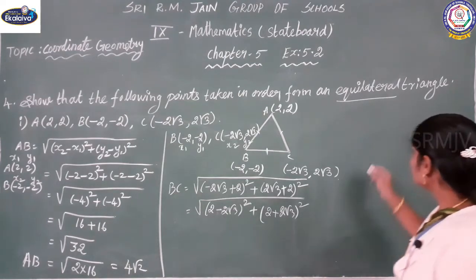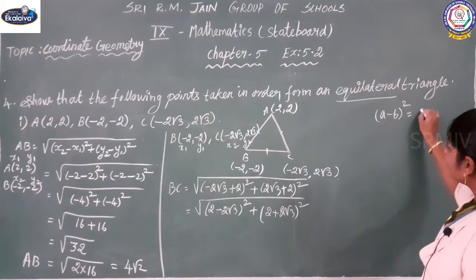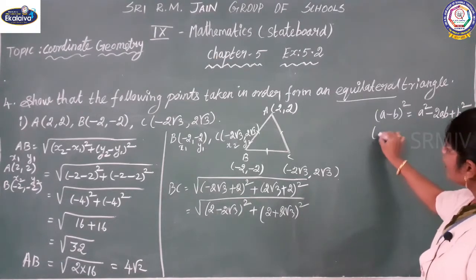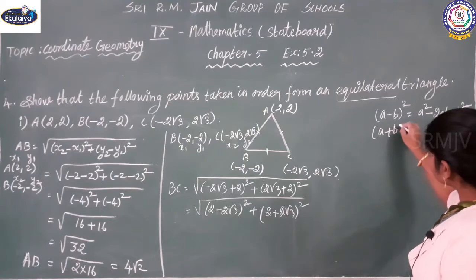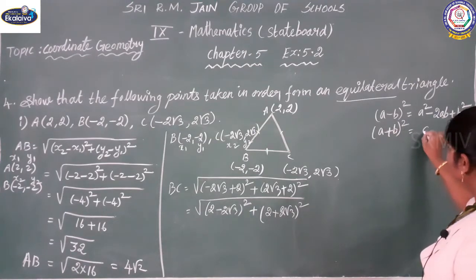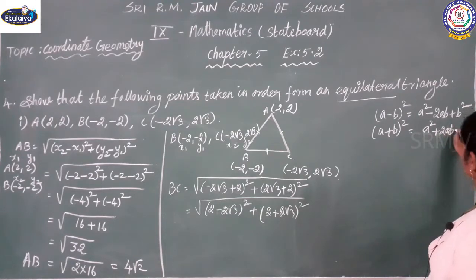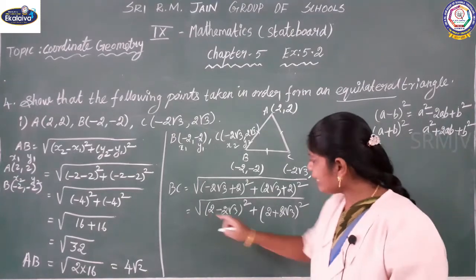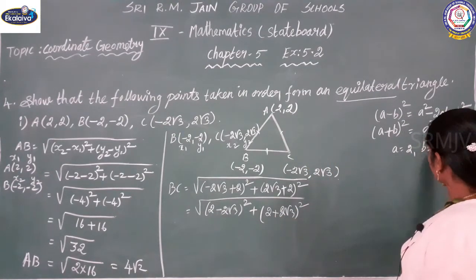So what is the formula children? A minus b the whole square equals a square minus 2ab plus b square, and a plus b the whole square equals a square plus 2ab plus b square. Here a equals 2, b equals 2 root 3.